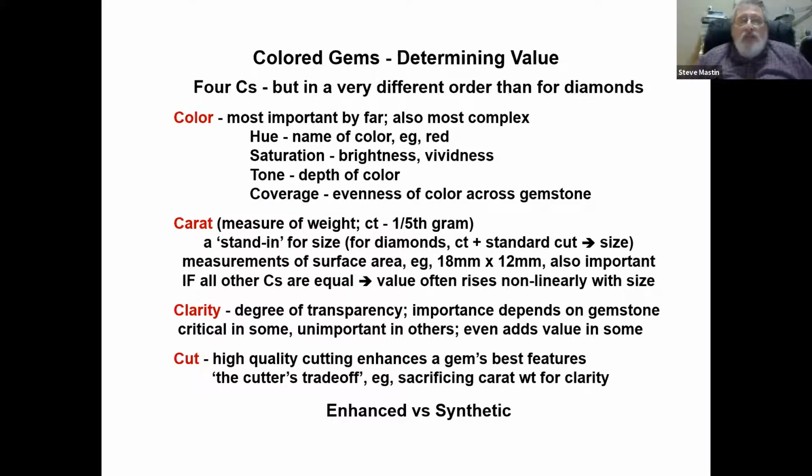Absolutely not the case when you cut a colored stone. The rules are different for every single colored stone, and also for the kind of jewelry you're going to make with that colored stone. And so a couple of the C's are very different than in the case of diamonds.